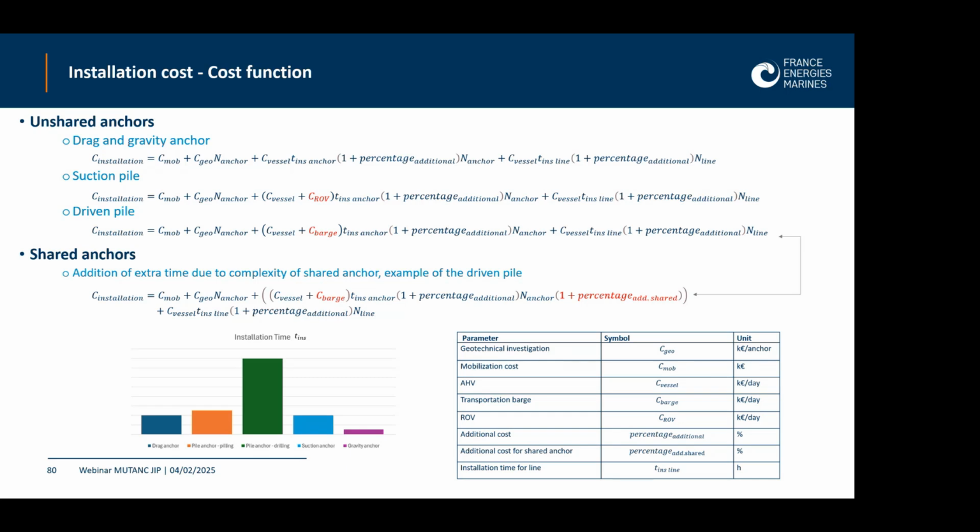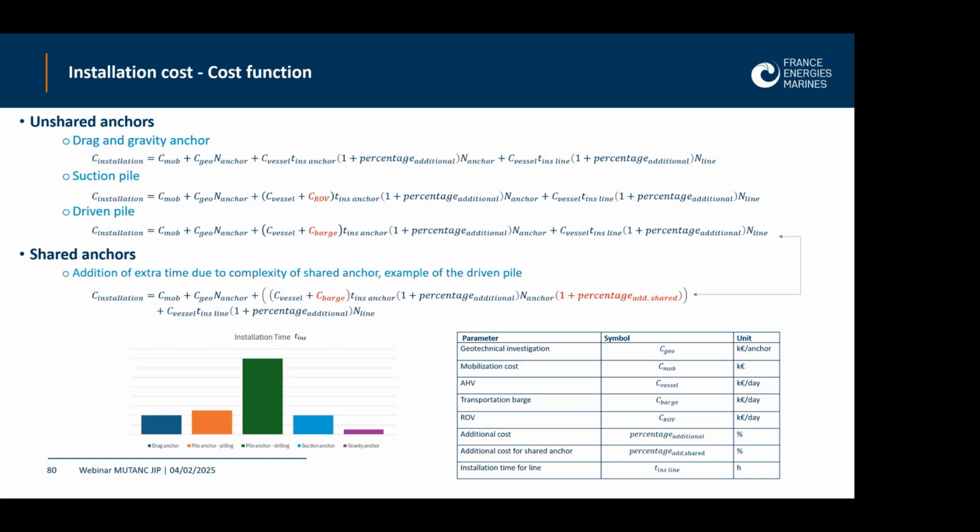And there is also the installation time of the mooring line, which also depends on the number of lines, and that does not vary between shared and unshared anchors, as there is the same number of mooring lines.